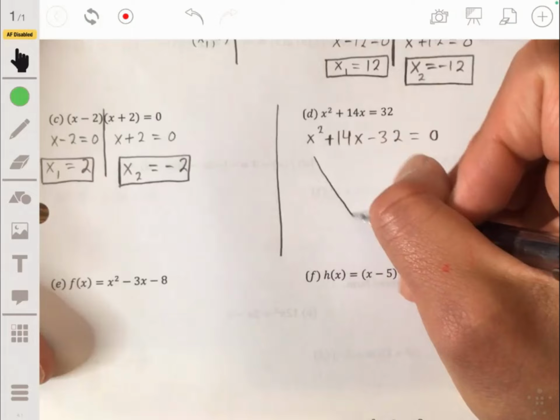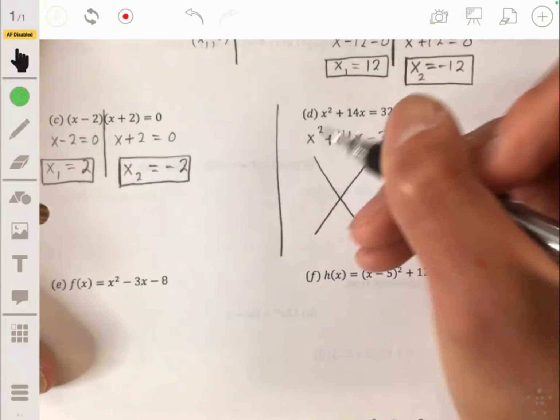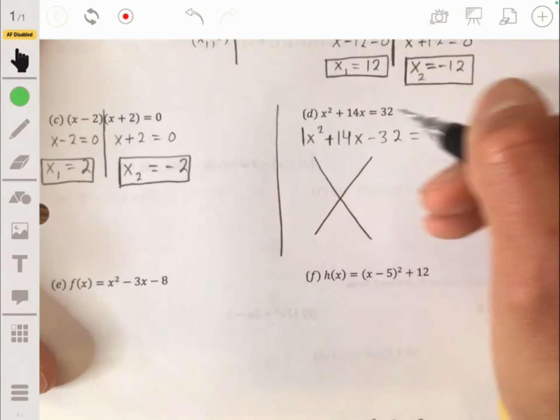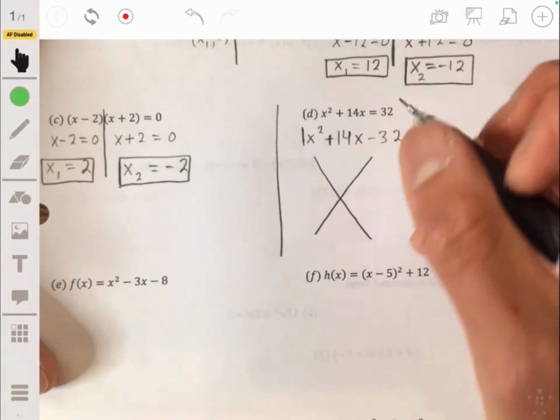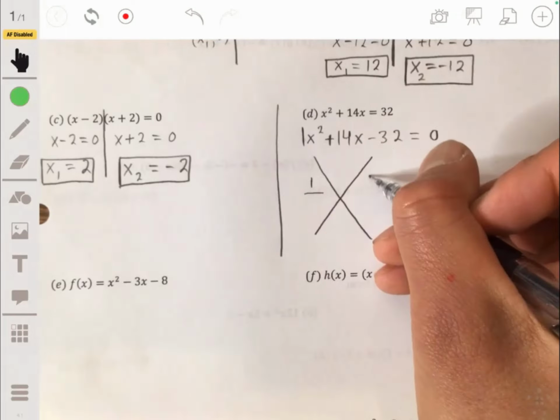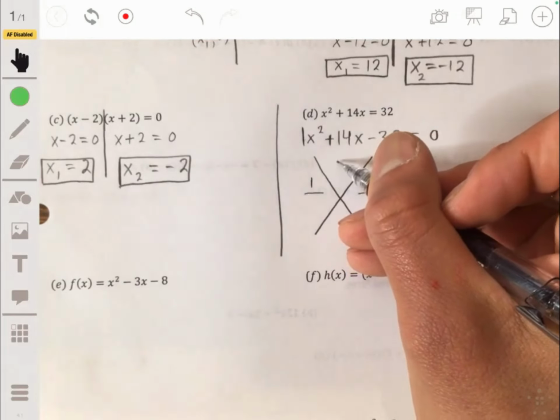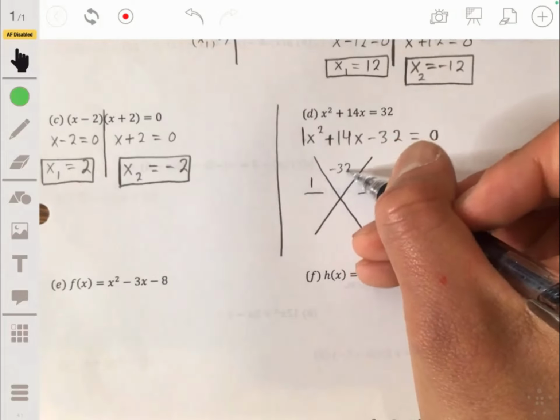But remember, the factoring technique I use is we set up this X, and we use our a value, our b value, and our c value. On the sides, you're going to have a 1 over something, and 1 over something else. On the top, you have a times c, or 1 times -32.